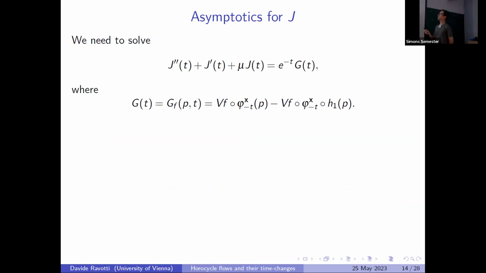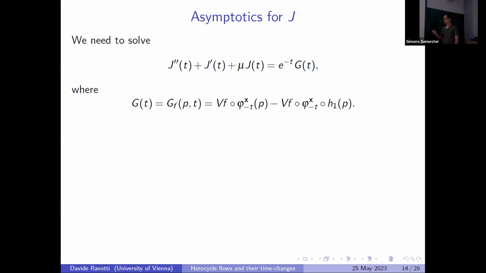We found that our function j that we want to understand because it relates to the ergodic averages satisfies this second order ODE, linear with constant coefficients. So j double prime plus j prime plus mu times j equal to e to the minus t times some function g_t. g_t was this expression over here. I mean, here I have written the dependence only on the time, but it actually depends on the function and on the initial point, but I think of them as fixed.